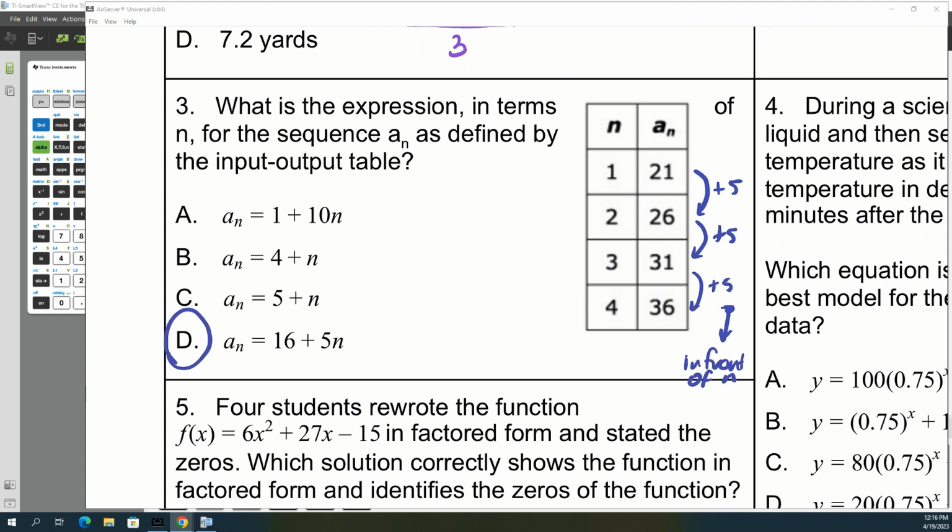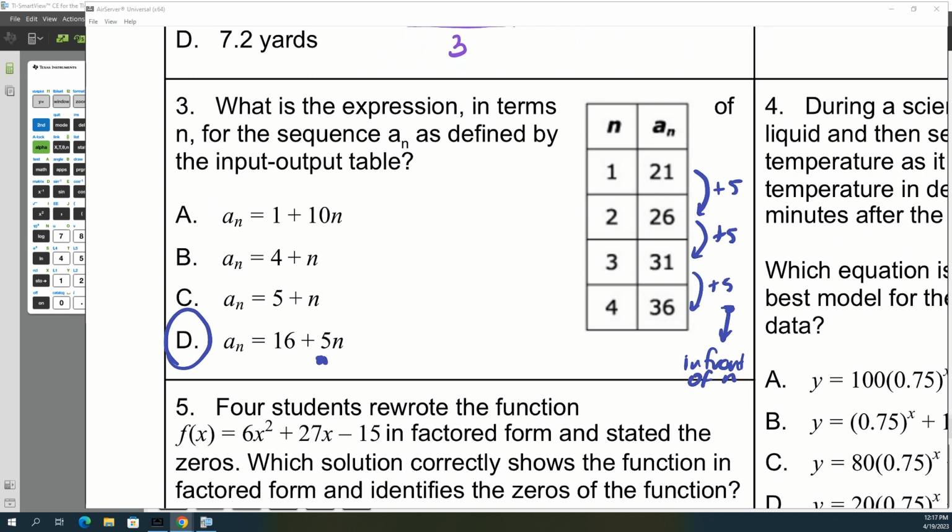And there's only one choice that has that. And so that's what I did whenever I was going through, that I knew that it would be 5n. You could also take these sequences and plug 1 in. If you plug 1 in, you should get 21, and plug 2 in and you get 26, and just check it that way. But that one should be D.